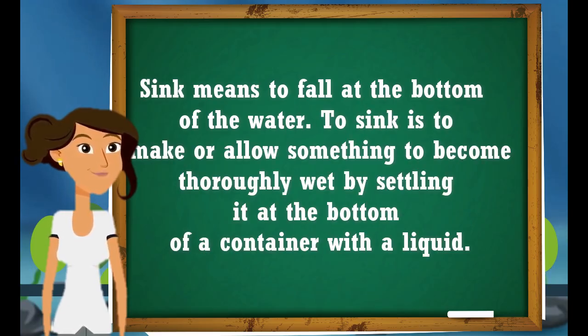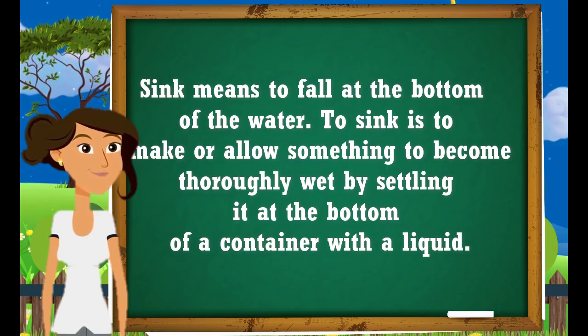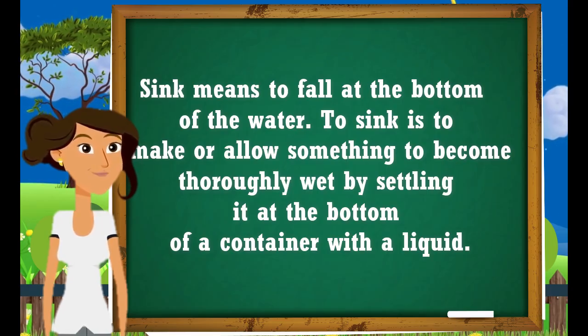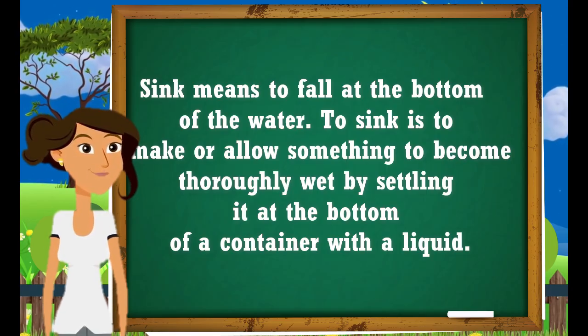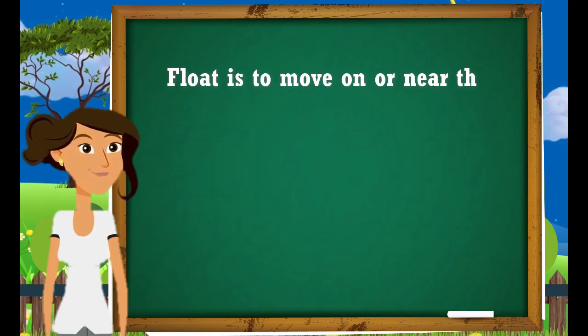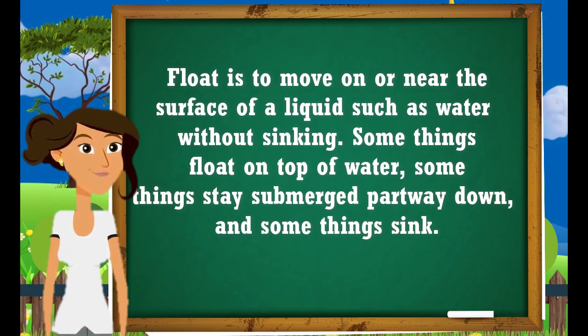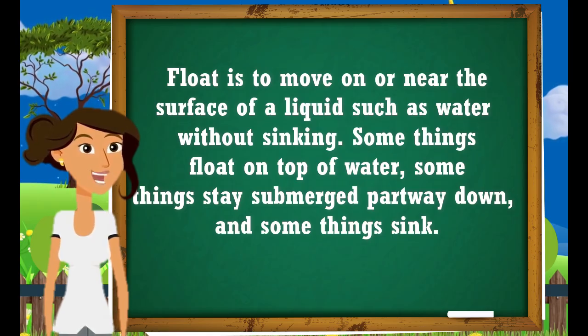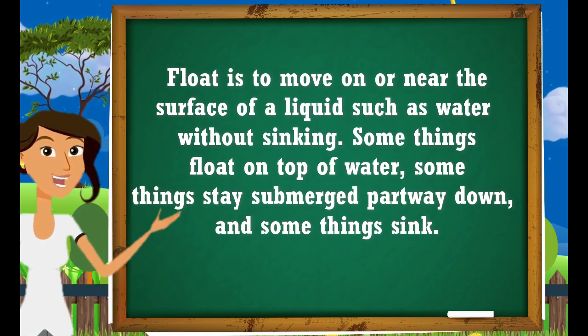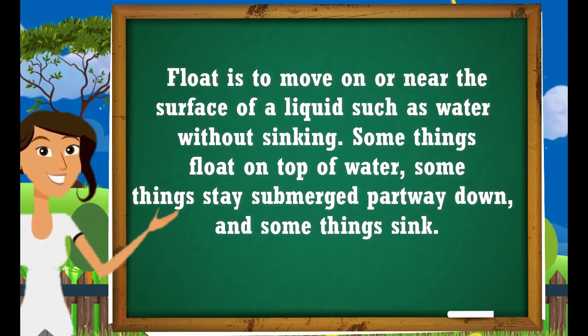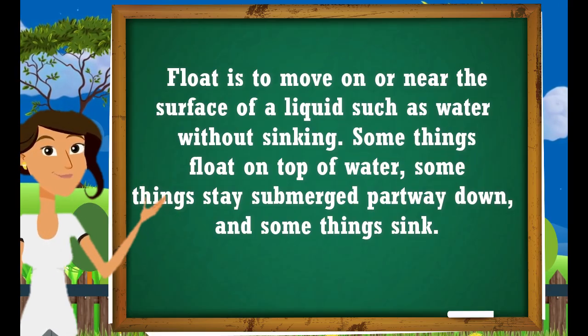To sink is to make or allow something to become thoroughly wet by settling it at the bottom of a container with a liquid. To float is to move on or near the surface of a liquid such as water without sinking. Some things float on top of water, and some things stay submerged partway down, and some things sink.